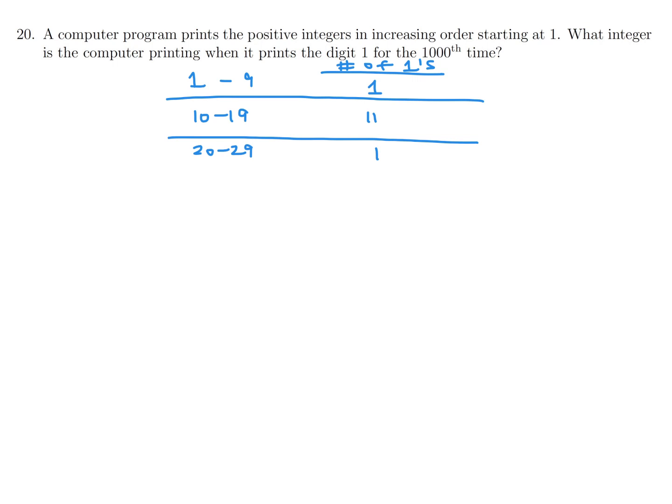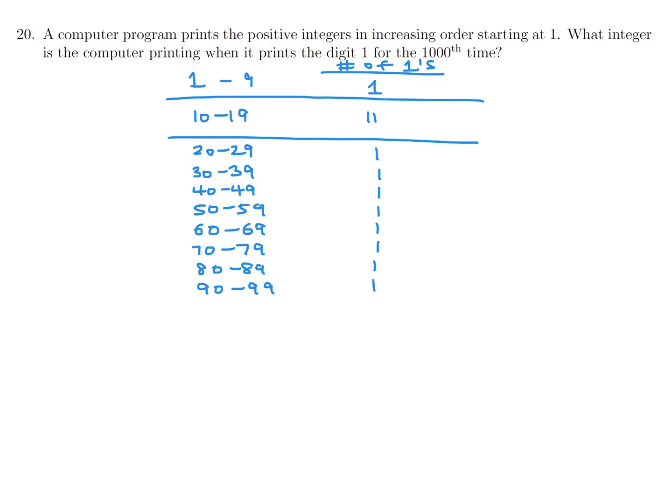The number 21 has a 1 in it. 30 to 39, again 1. 40 to 49 has 1. 50 to 59 has only one instance where you get the digit 1 printed. Similarly, 60 to 69, 70 to 79, 80 to 89, 90 to 99.